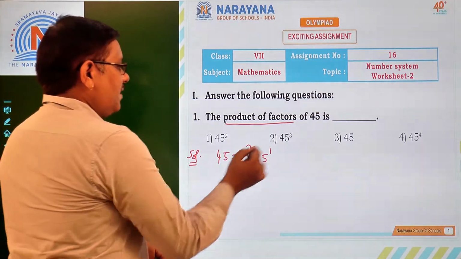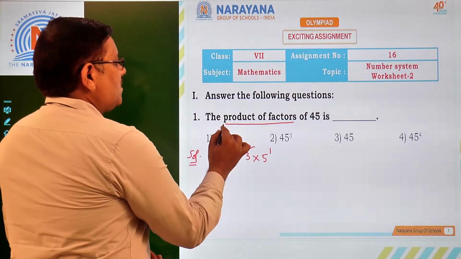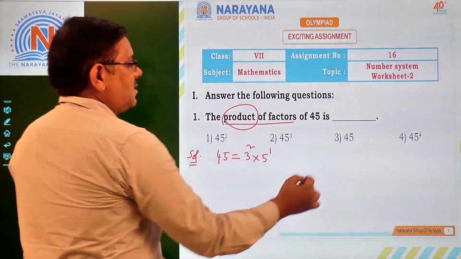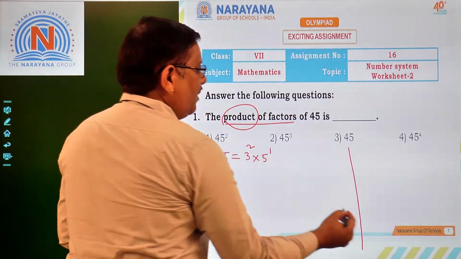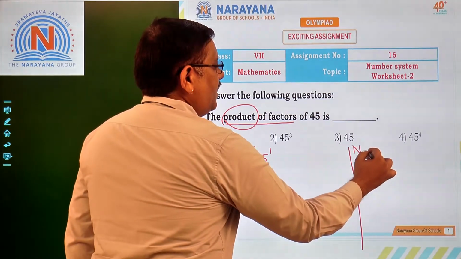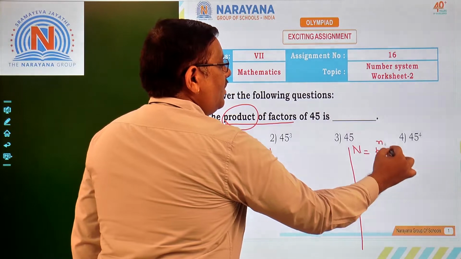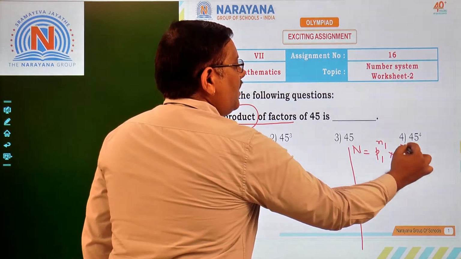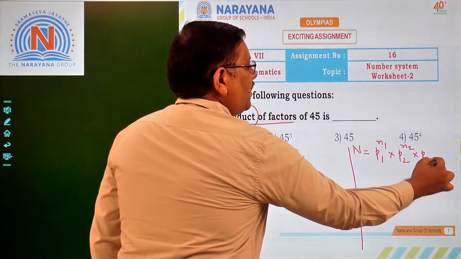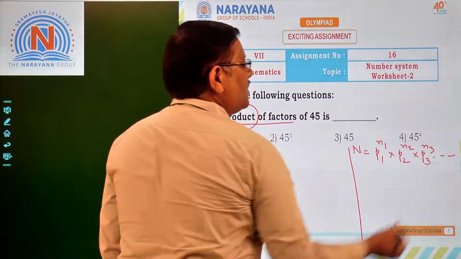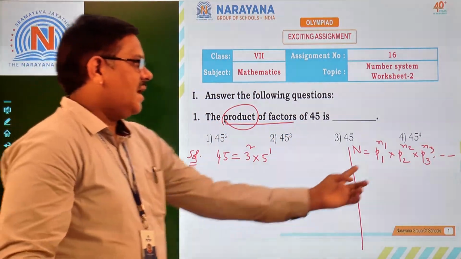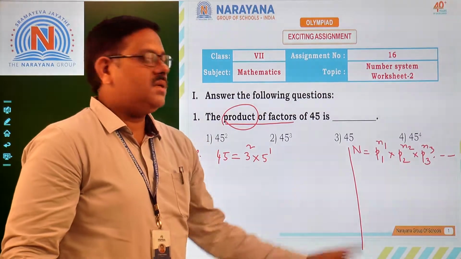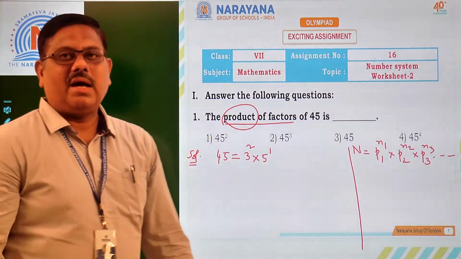Once you got the standard form, whenever you are asked to find out product of factors, suppose you have a number n in such a way that n equals p1 power n1 into p2 power n2 into p3 power n3, so on. Means n we wrote in its standard form. p1, p2, p3 are prime numbers, n1, n2, n3 are natural numbers.